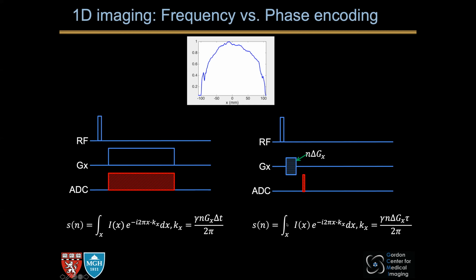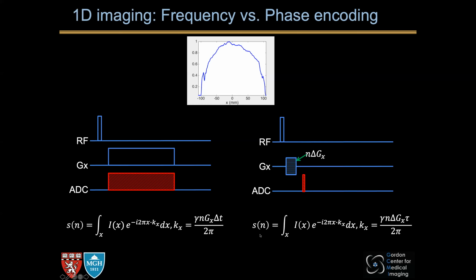However, it turns out we have the same Fourier transform relationship between the received signal and the image object. For 1D imaging, of course, the frequency encoding approach on the left is desired because we only need to perform one experiment to acquire all the information we need for image reconstruction. For the phase encoding approach, we need to repeat the experiment many, many times so that we have enough data to perform image reconstruction.